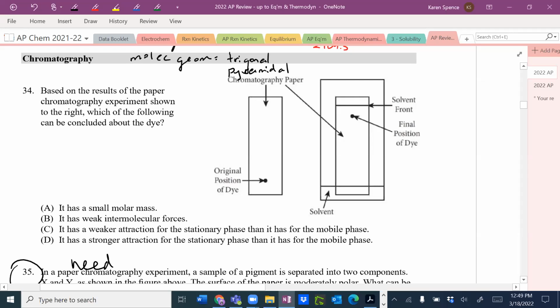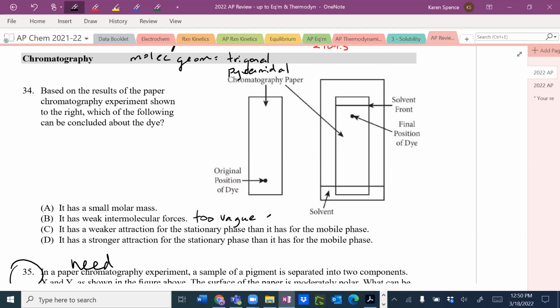There's intermolecular forces between the dye and the dye, between the dye and the solvent, between the dye and the paper. So that's just too vague, right? It doesn't actually specify which kinds.